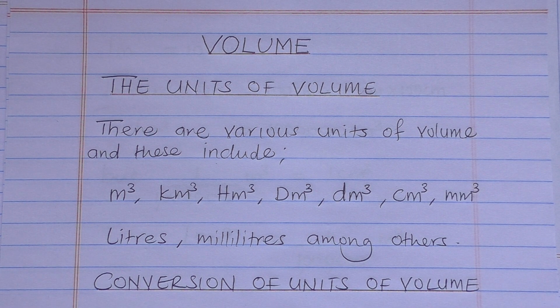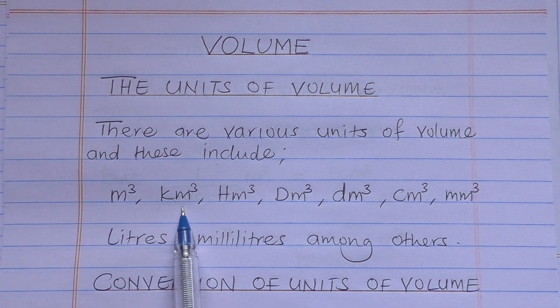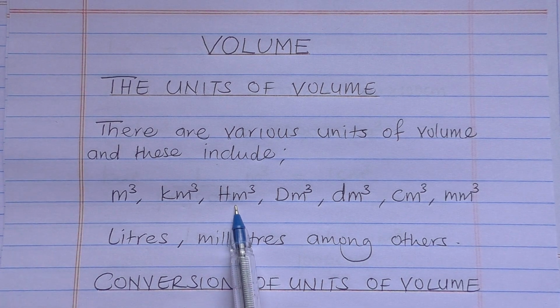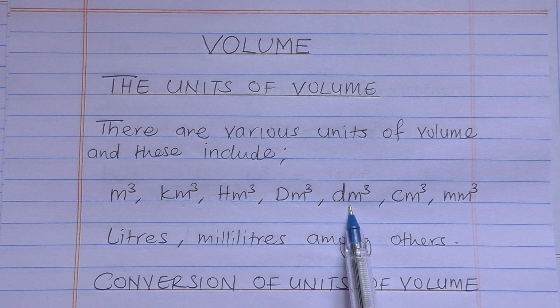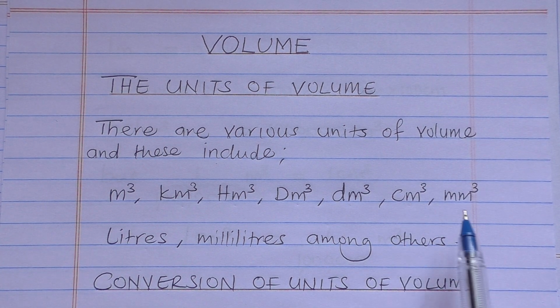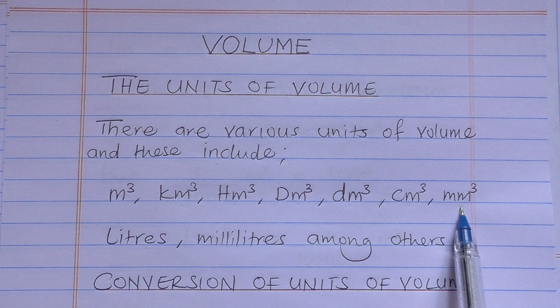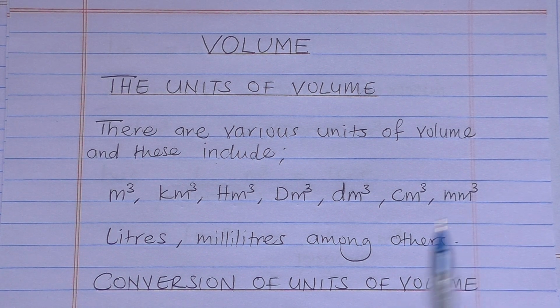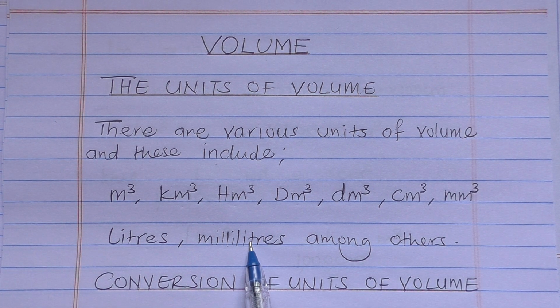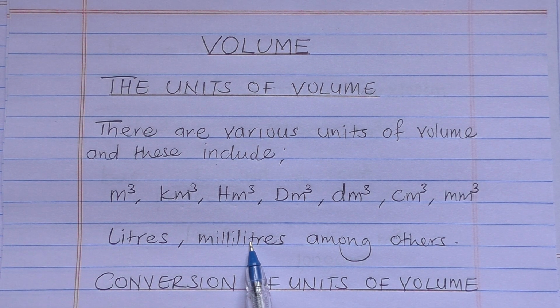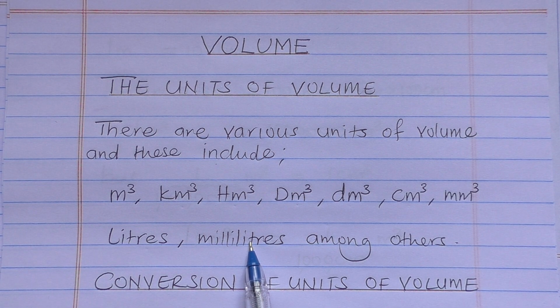However, we also have other units of volume, which include cubic kilometers, cubic hectometers, cubic decameters, cubic decimeters, cubic centimeters, and cubic millimeters. We also have liters and milliliters. These are the commonly used units of volume. So we shall be looking at how we convert from one to another.